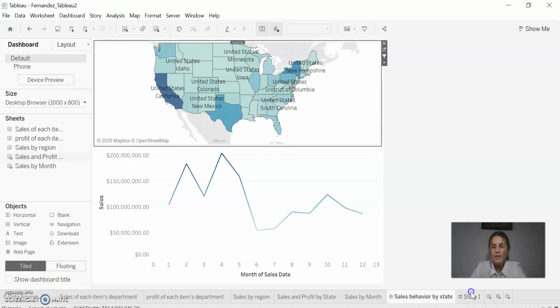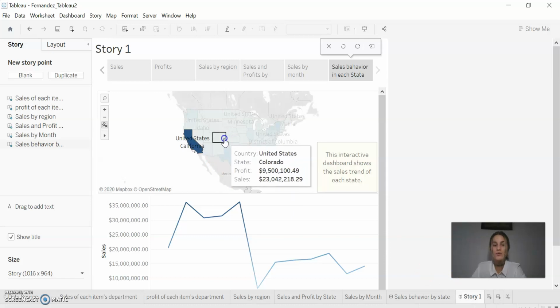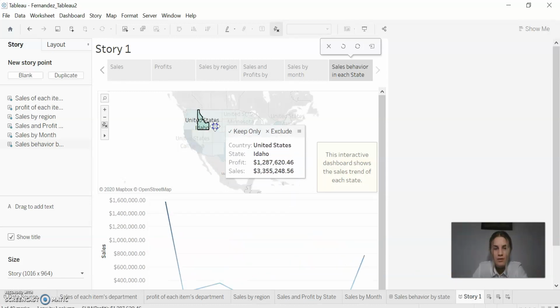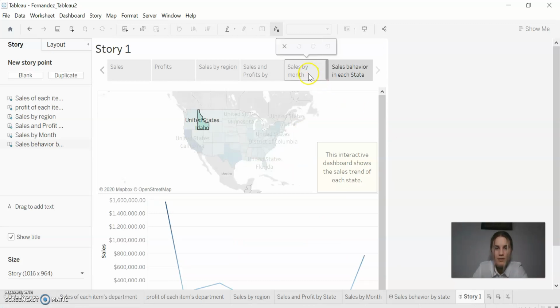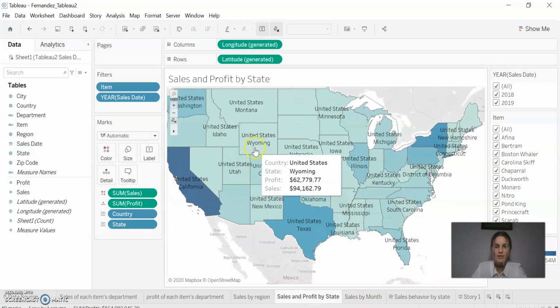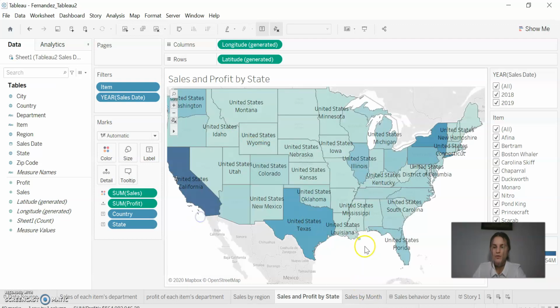The other thing that can be done is to look over those states that look weird in terms of sales, like the Wyoming state, or the South Dakota, that are only selling in one specific month.